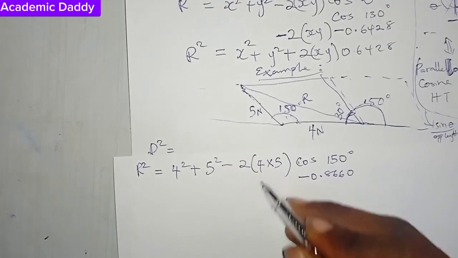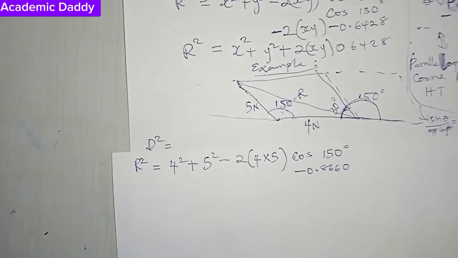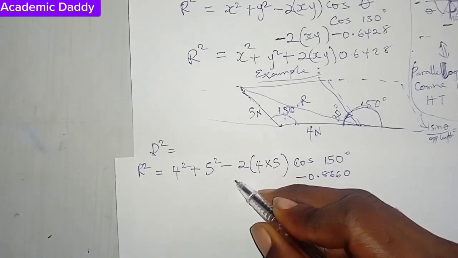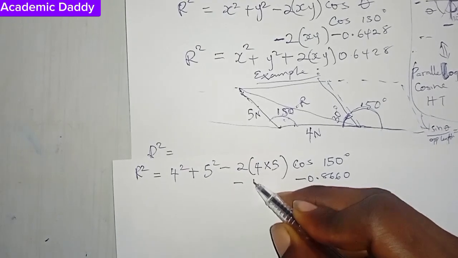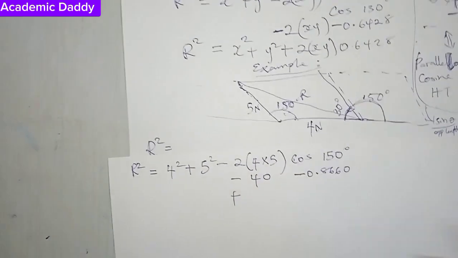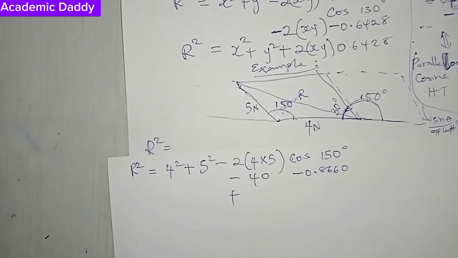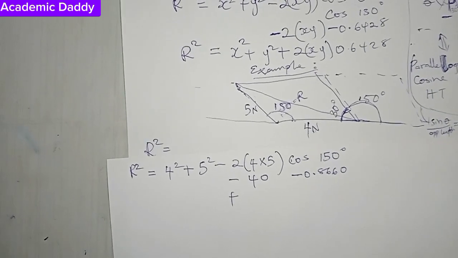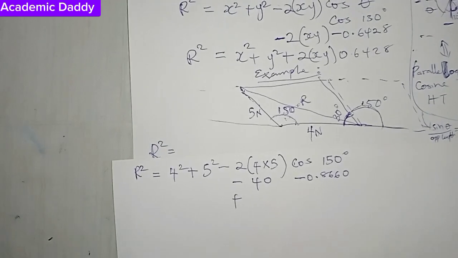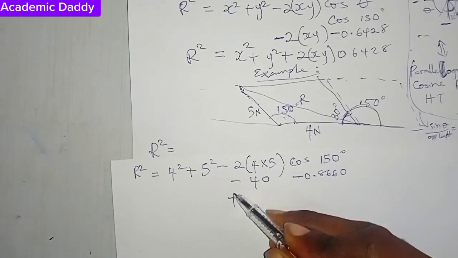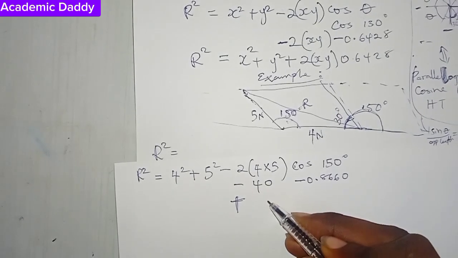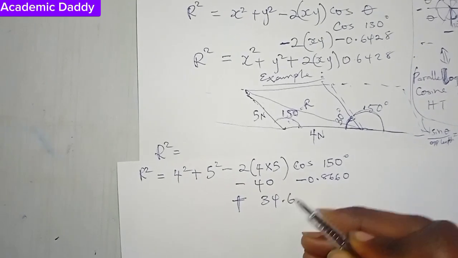Then 4 times 5 is 20. 20 times 2 is 40, so this is minus 40. And minus times minus will be plus. So 40 times 0.8660 will give you 34.64.